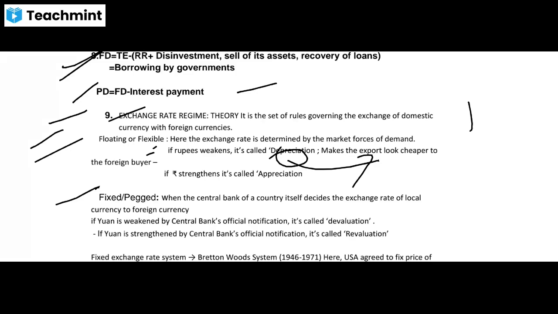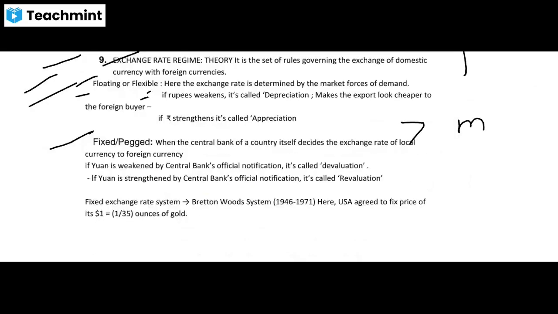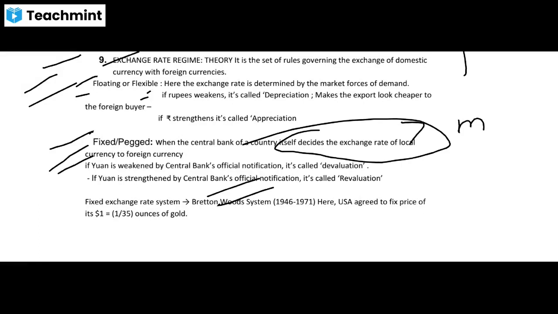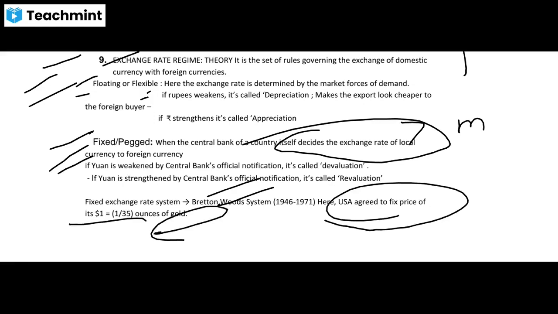In this depreciation condition, the sufferer will be the importer. But in case of your fixed or pegged exchange rate, the central bank of a country decides the exchange rate of local currency to foreign currency. In a Bretton Woods system, US agreed to fix the rate of dollar with gold.